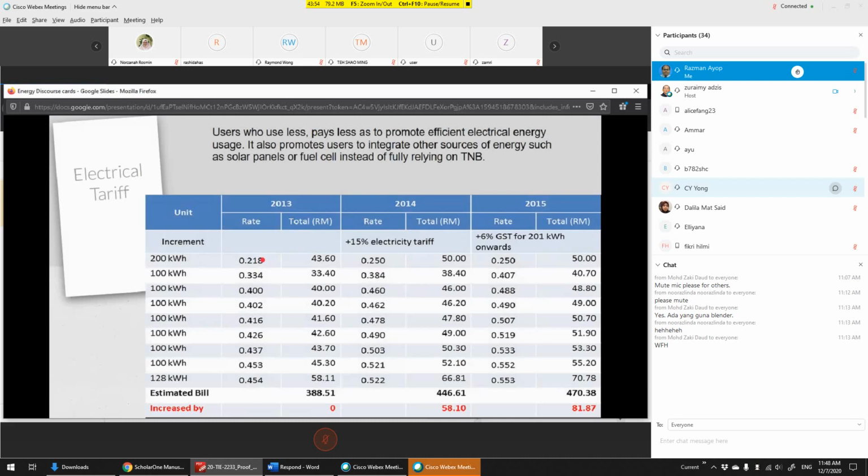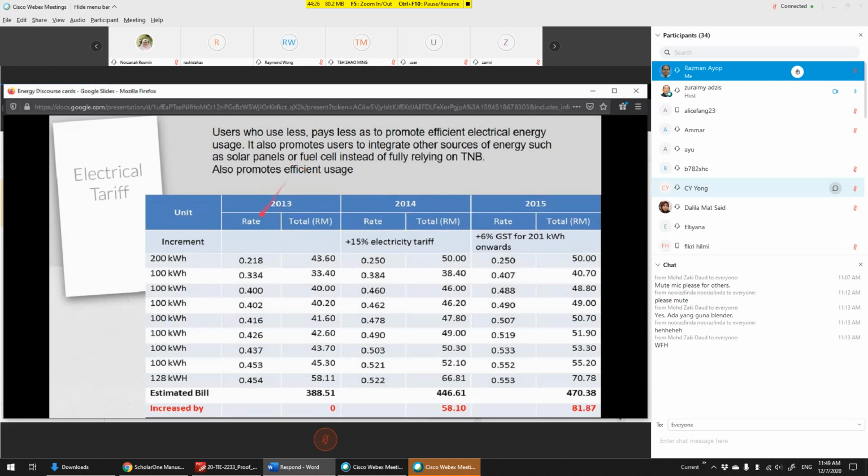Why? Because if you use less power from TNB, you have to pay less. So it promotes users to integrate other sources of energy such as solar panel, fuel cell, wind. These are the types of energy, the so-called renewable energy. But apart from that, this tariff also promotes efficient usage of electricity.